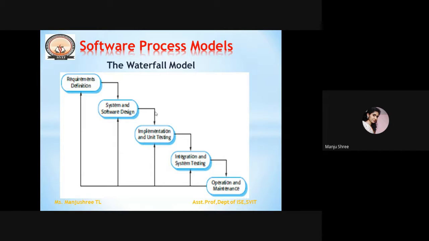The waterfall model is an example of a plan-driven process. That is, you must plan thoroughly and schedule all of the process even before you start working on them, because once you sign off the activities, there is no way you can go back. Carefully observe: once requirement definition is done, an arrow points to the next phase, and no arrow points back to the previous phase.